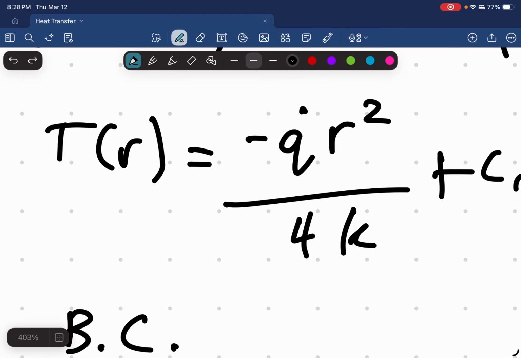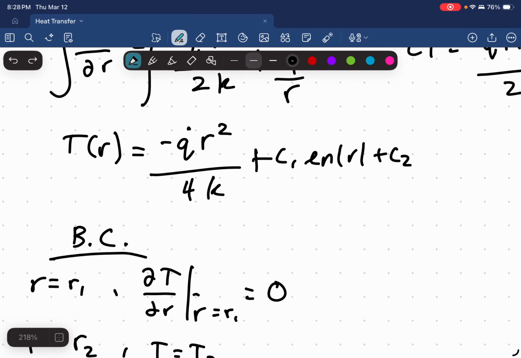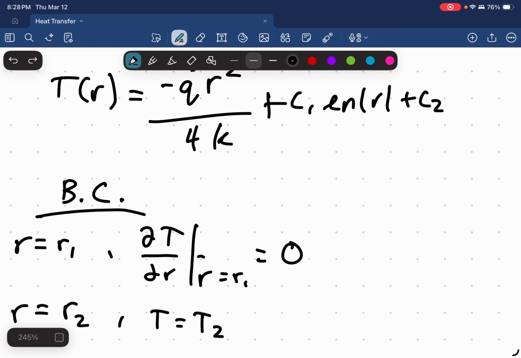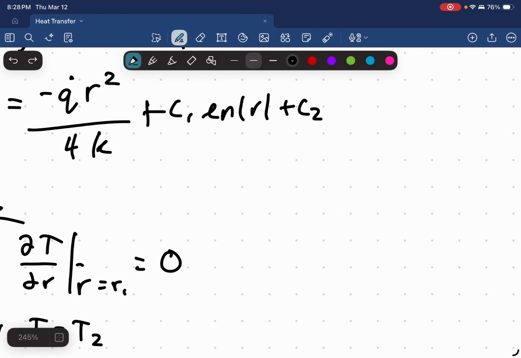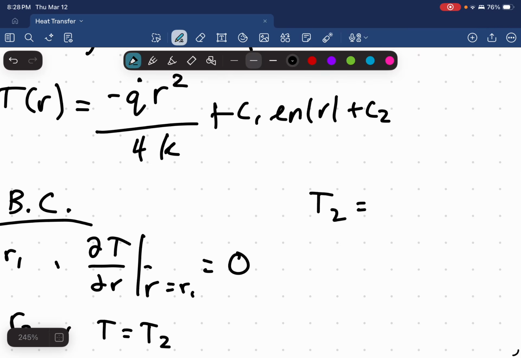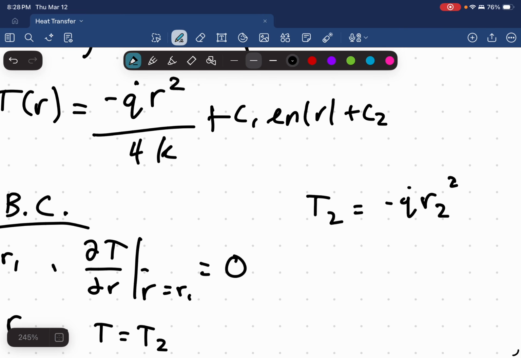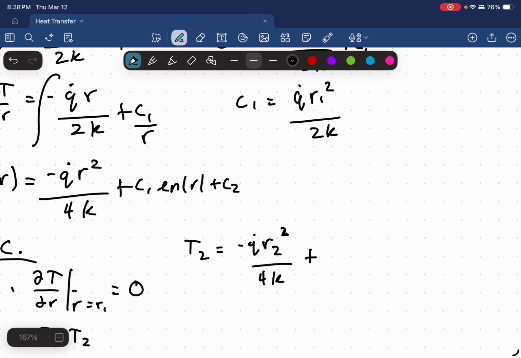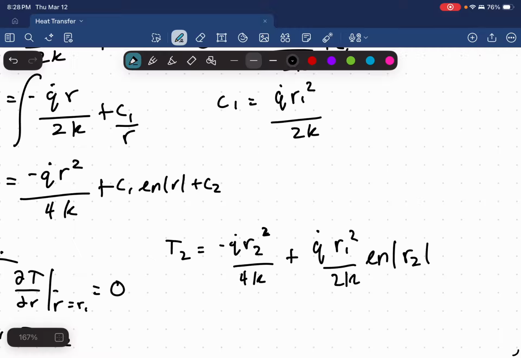And now we're going to use this T of R equation to solve for C2. So I'm going to replace this T of R with T2. So when I'm implementing the boundary condition, I'm going to say that T2 is equal to negative heat gen R2 squared over 4k plus C1, which was Q dot R1 squared over 2k ln of R2, and then plus C2, and now we're solving for C2.